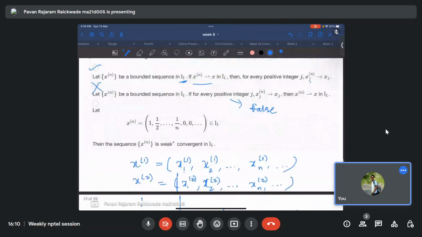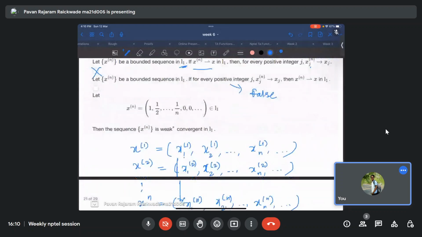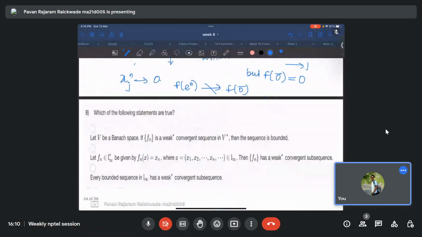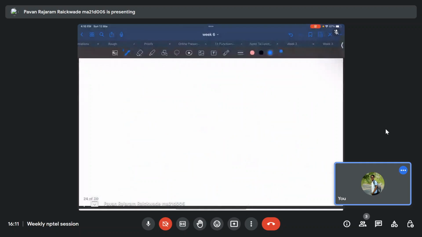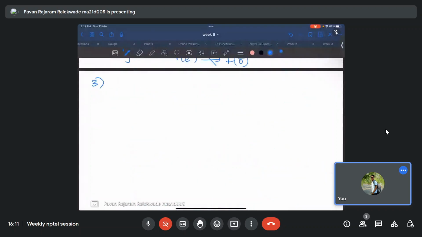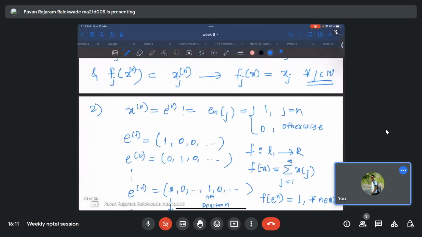Now the third one. They're asking that Xn is weak star convergent in L1.